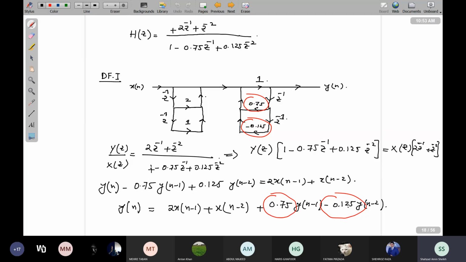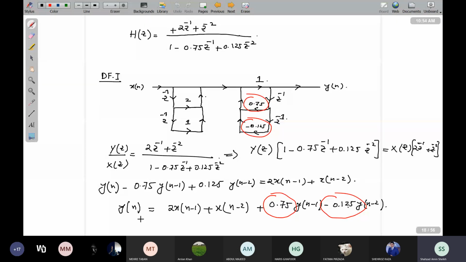And if we are interested in getting the difference equation, again what we did before, you will be having these terms in terms of z transform, and getting the inverse z transform, we will be getting y of n minus 0.75 y of n minus 1 and plus 0.125 y of n minus 2 because of this z minus 2 here, and that would be equal to 2x of n minus 1 plus x of n minus 2.